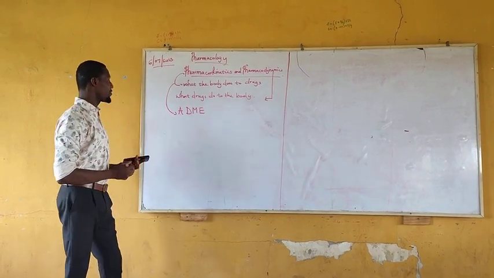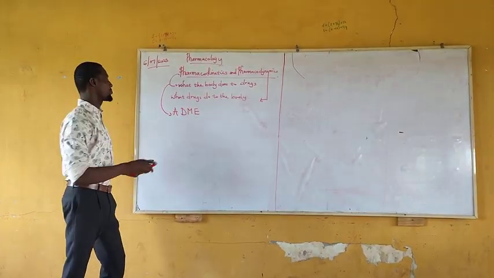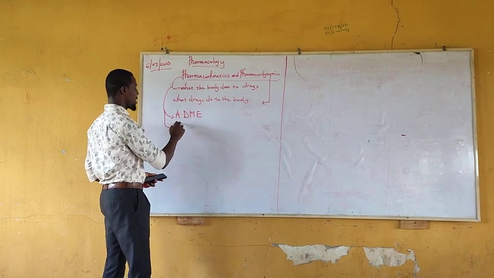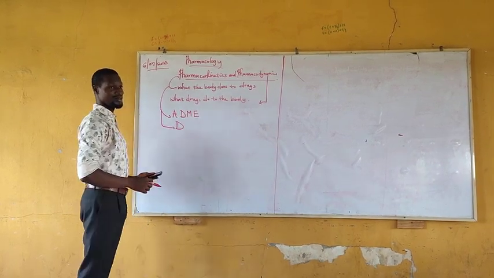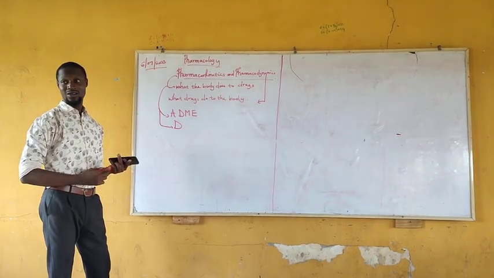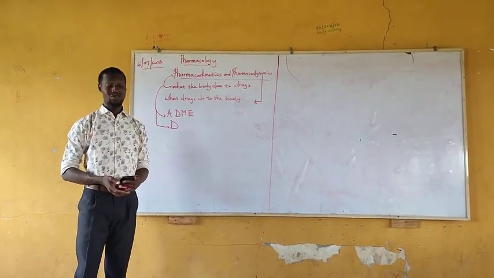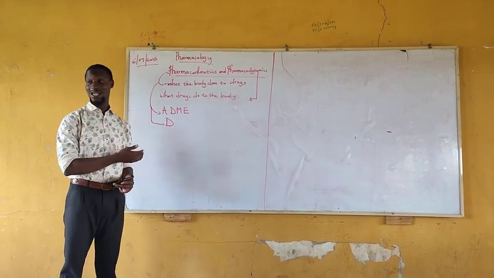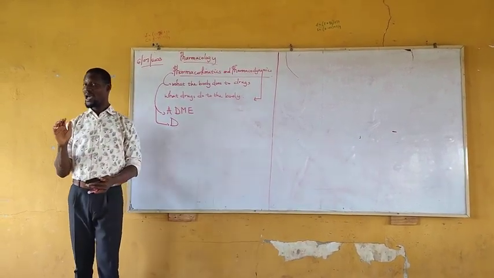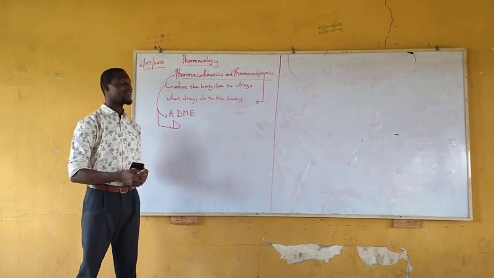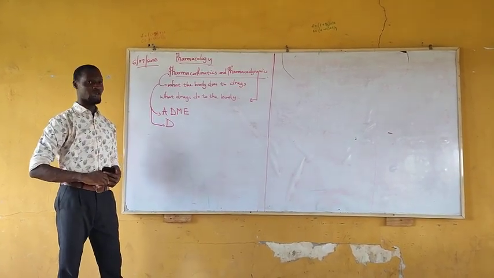But before you have absorption, there has to be a drug, right? Because we are dealing with drugs, I'm not dealing with food. So before absorption will start, there must be an introduction of a drug.